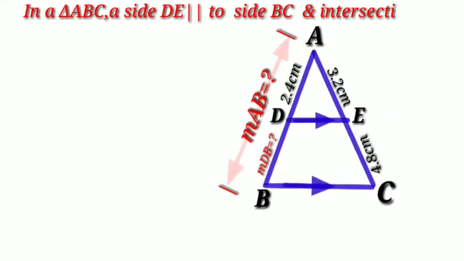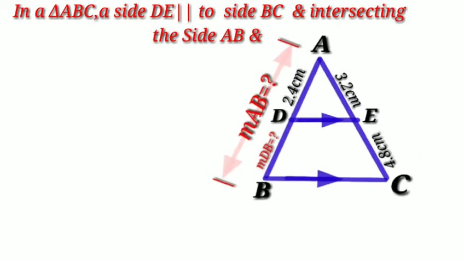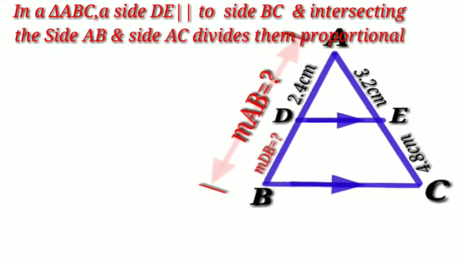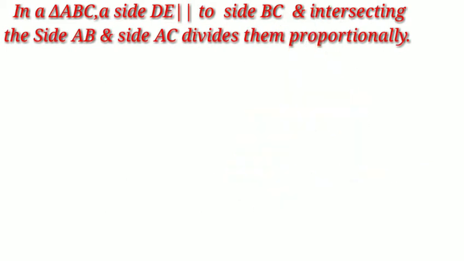In a triangle ABC, a side DE parallel to the side BC and intersecting the side AB and side AC divides them proportionally.